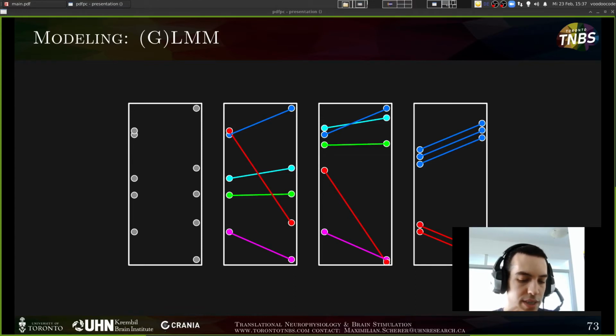I have to say the same applies to the Wilcoxon test or correlation. But if you did the linear mixed model or generalized linear mixed model, or for example an ANOVA, which is quite similar to a linear mixed model, you can include those repeated measurements factors into your data.